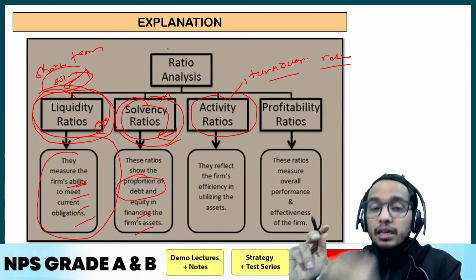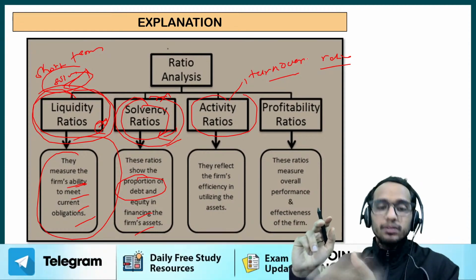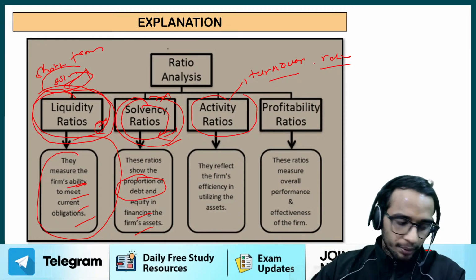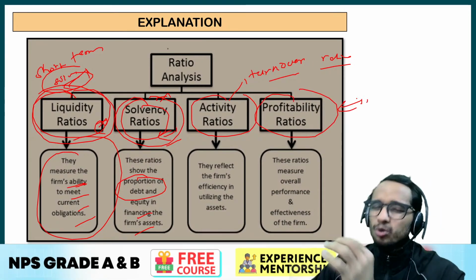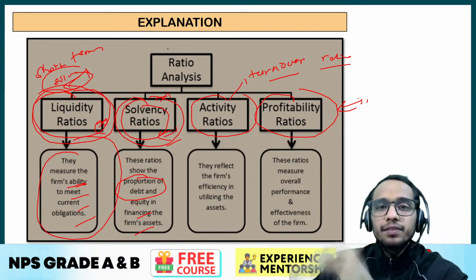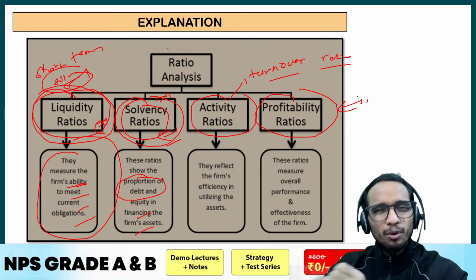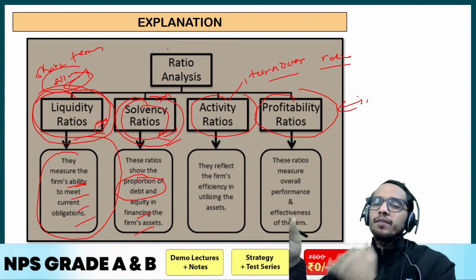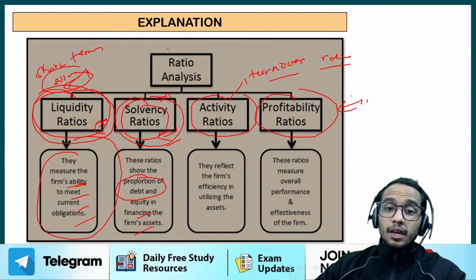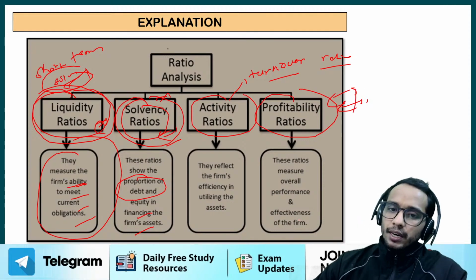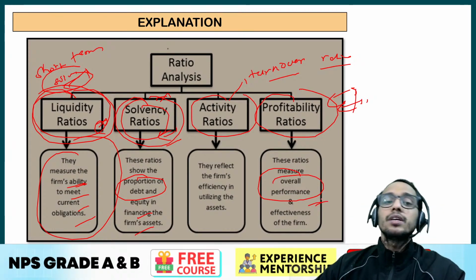How you are turning over your assets in your favor in the form of revenue. Are you getting the logic? Easy? Okay. What about the fourth, profitability ratio? It is very easy. You compare the different types of profits we have, like gross profit, operating profit, net profit, with the sales or any other variable, depending upon the question. So profitability ratio is also easy. It gives you the overall performance and effectiveness of the firm.